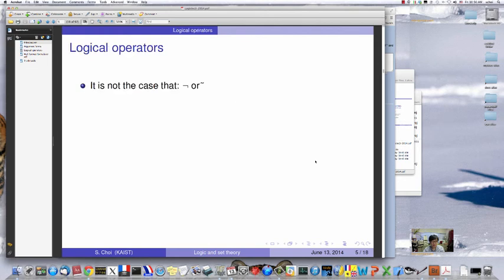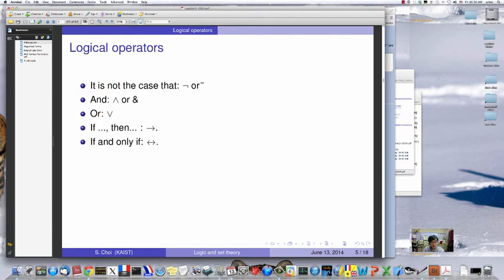So there will be things called logical operators. The first one is the negation operator. You write it in this way, or you can use a tilde or this symbol here, or you can use a wedge or this ampersand for and, or you can use this V here for or. If and then is symbolized by an arrow.